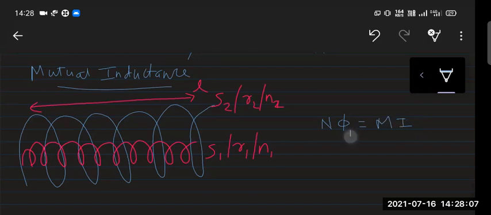So if you write this for 1 and 1, this will be 2. So you are saying simply that current passing through the second coil will produce some flux in the first coil. That is called flux linkage.